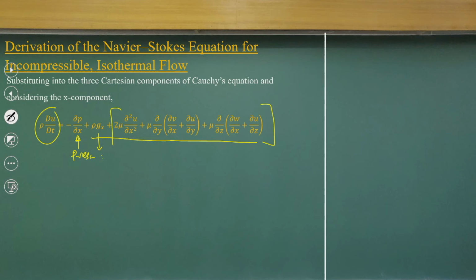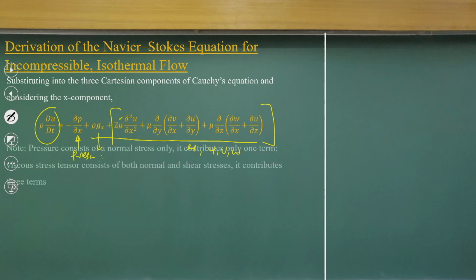You just substitute, and you get all these viscous stress components, which are functions of mu and u, v, w. That is in the x direction. You can derive in a similar way for the y direction and the z direction.